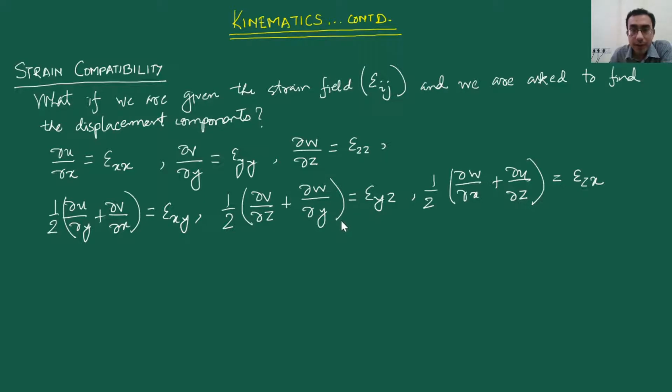As a practical example, we can take a simplified 2-dimensional version of the same story, and illustrate that there may arise a case where, if you're given arbitrary values of the strains, it may not lead to a proper set of solutions for the displacement variable. So I'll illustrate a so-called incompatible strain field.